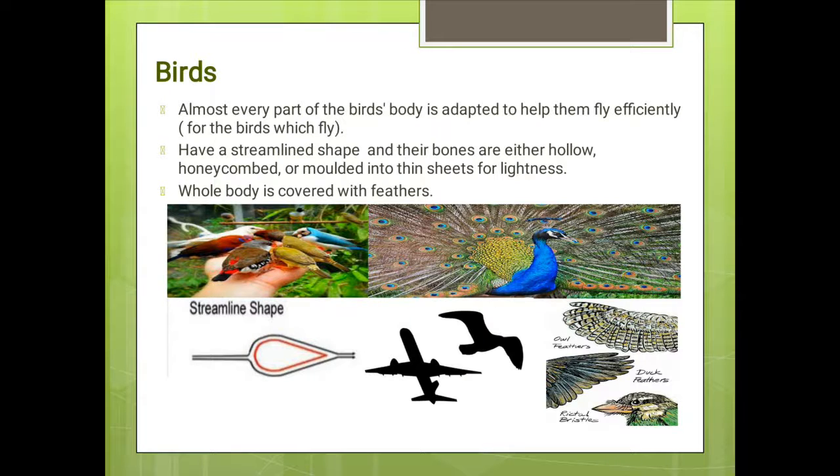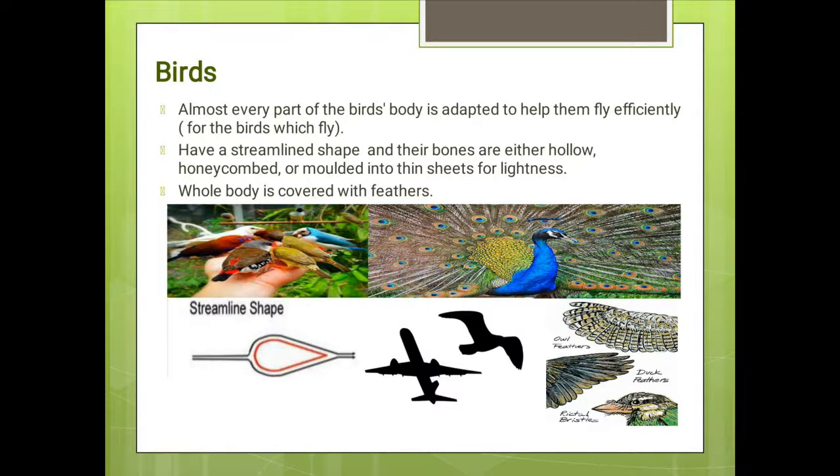Okay, then starting with birds. So let's look into the main features, then functions, and also into some structures as well. Well, the birds which can fly, their whole body is designed in a way so that they could fly efficiently.